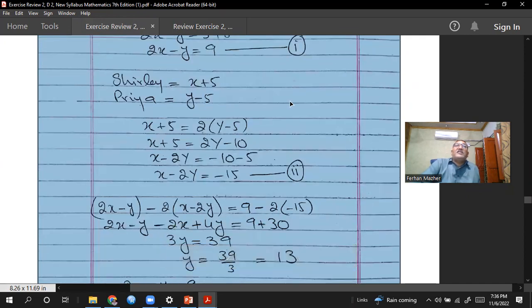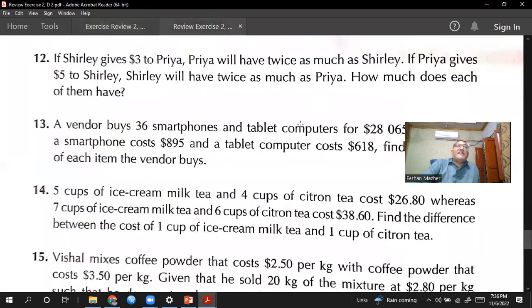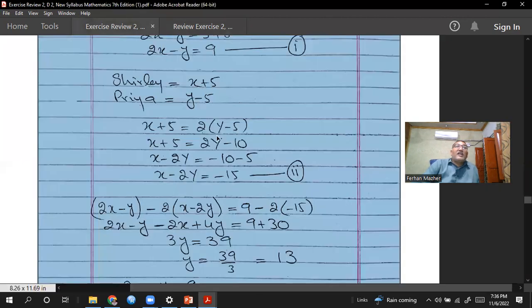Then, if Priya gives $5 to Shirley, Shirley will have twice as much as Priya. Now if Priya gives $5, Shirley will have received $5, so she will have X plus 5, and Priya will have Y minus 5.